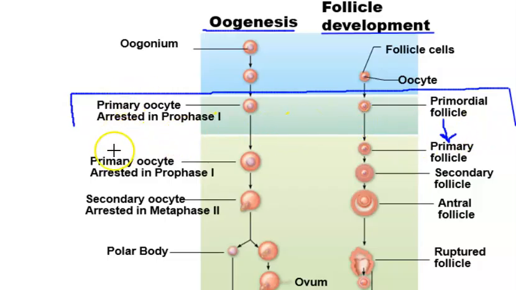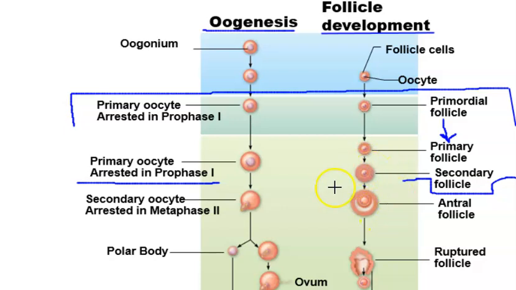So these primary follicles typically still contain primary oocytes. Even secondary follicles still contain primary oocytes. It's a bad way to name things, really. But anyway. And then the follicle changes to an antral follicle.